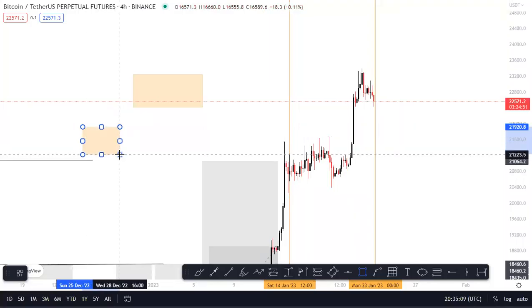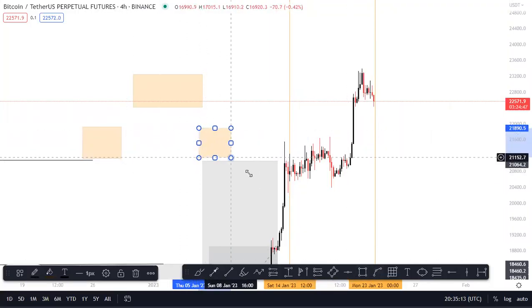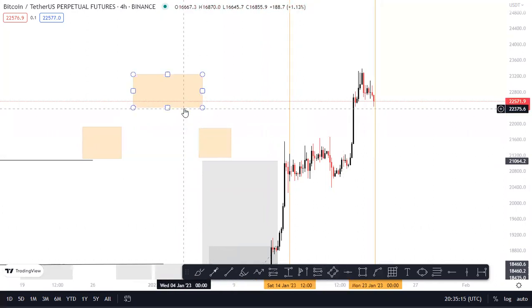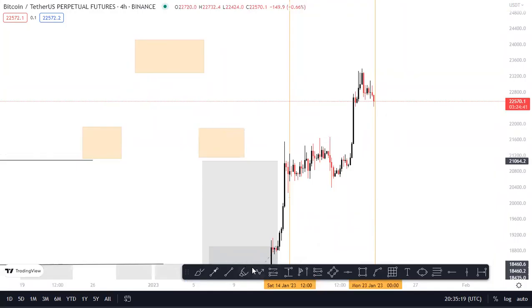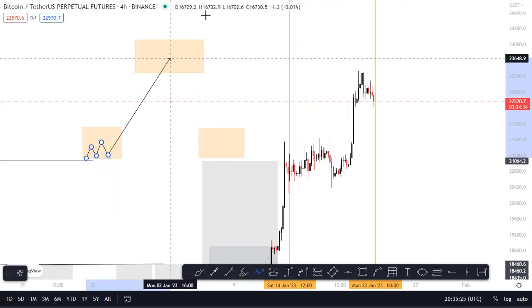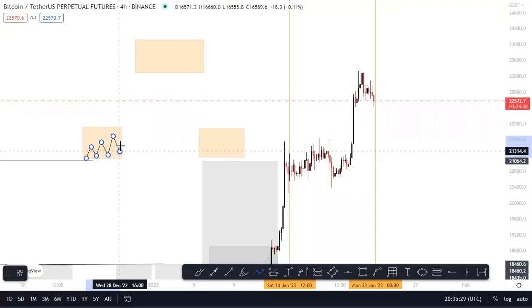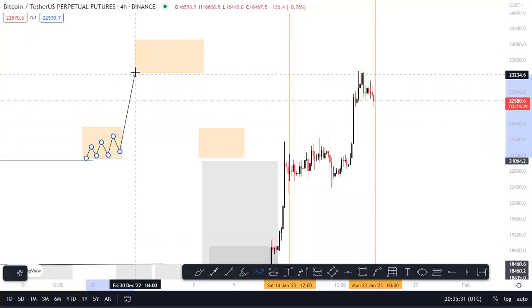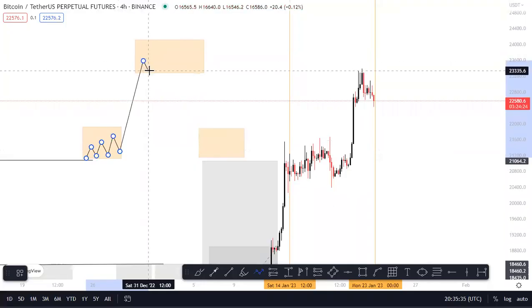Let me use AMD to explain something. Whenever price is accumulating, if you cannot find entry in this accumulation and price leaves it, you will hardly find entry in the markup.